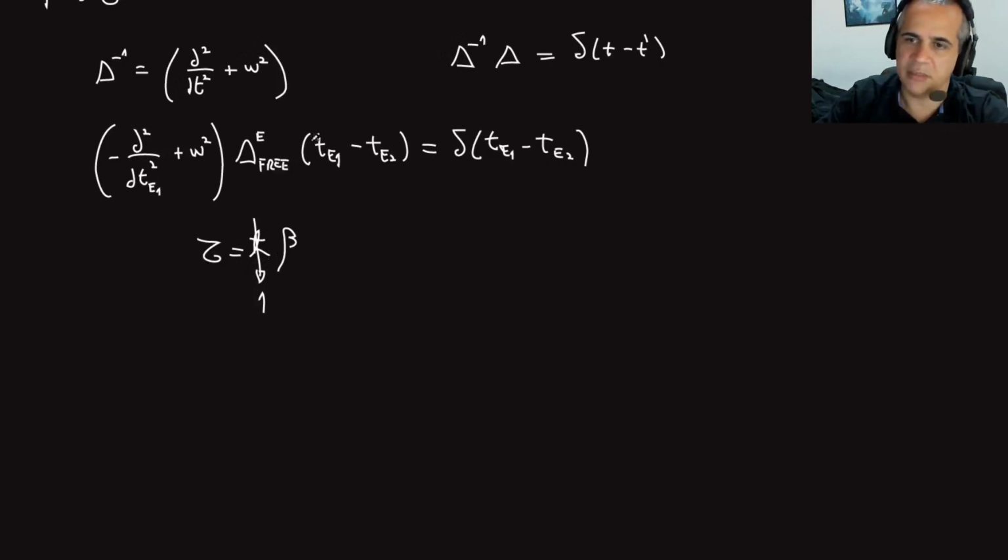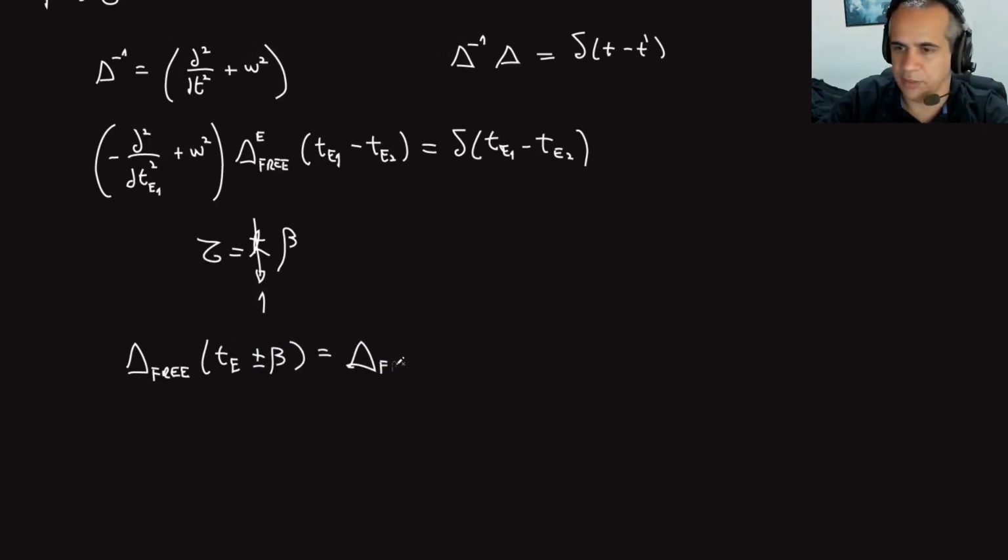And that means that the fact that this is periodic means that I have to solve this equation for periodic conditions. So delta free at t plus beta is equal to delta free at t Euclidean, right?